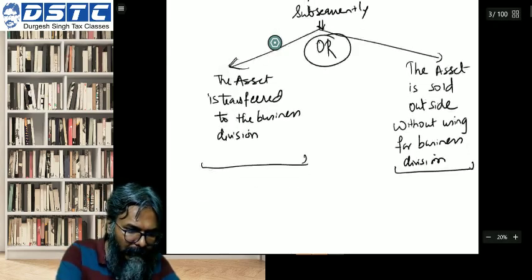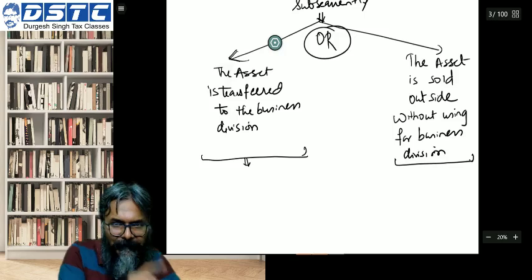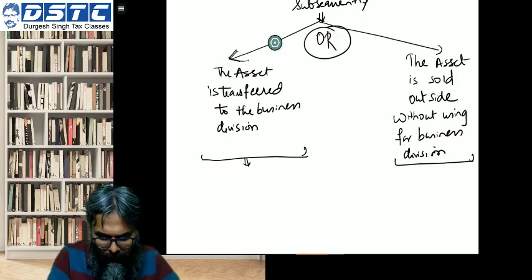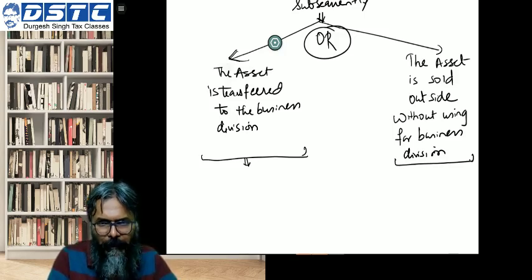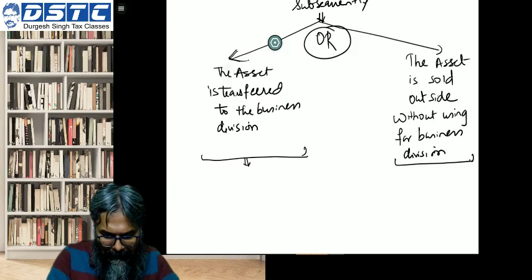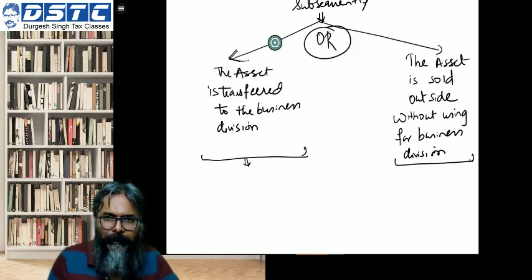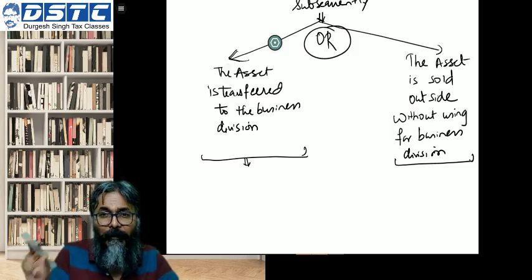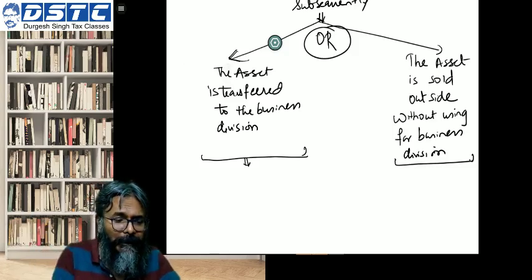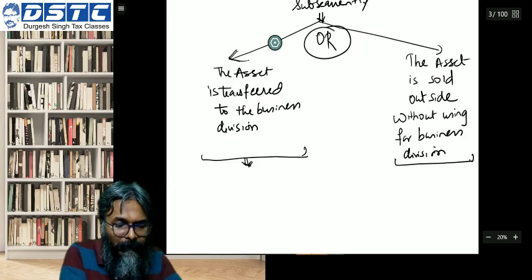So students, here now the asset will enter the block because it is going to be used for the purpose of business. If the asset enters into the block, at what value will it enter?